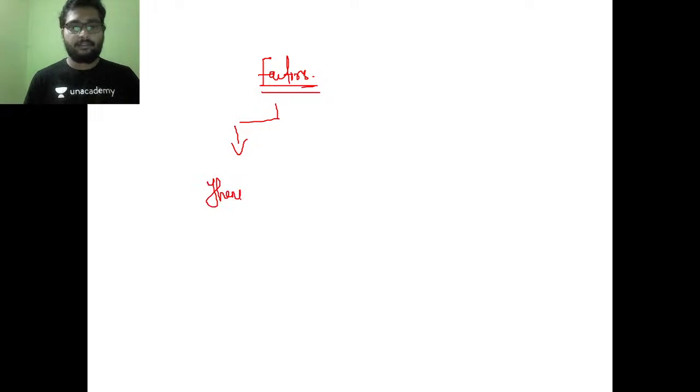Now let's discuss different factors which affect the pressure on the surface of the earth. The factors can be divided into two parts. The first is the thermal factor and the second one is the dynamic factors.